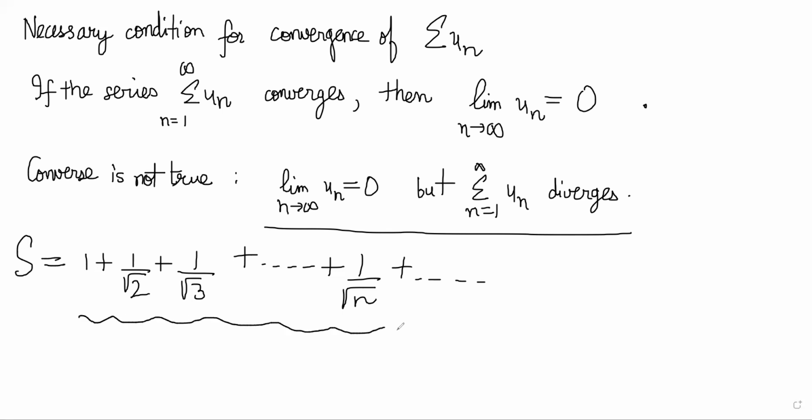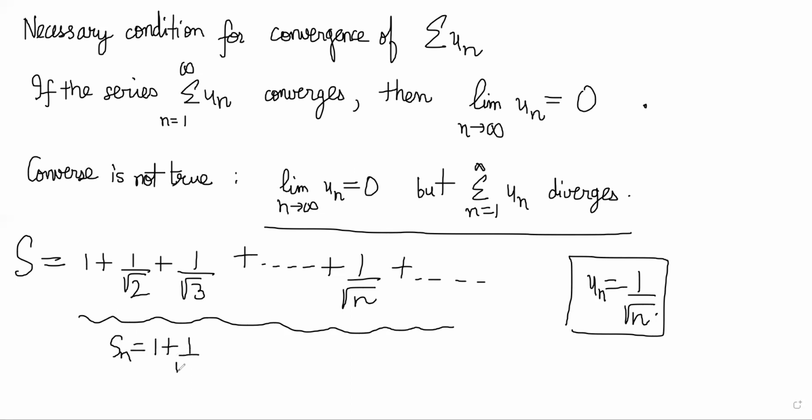Now here, what is your Sn? So un can be written as 1 by root n. It is the summation from n equals 1 to infinity of un. So Sn would be 1 plus 1 by root 2 plus 1 by root 3 till 1 by root n.